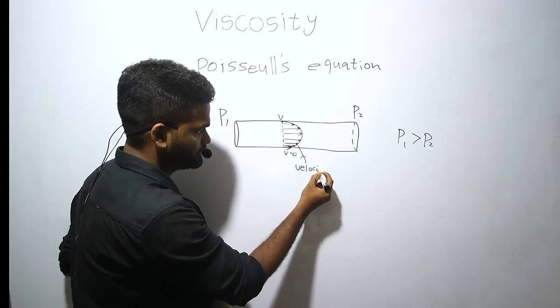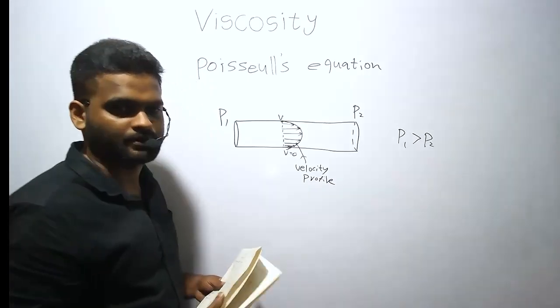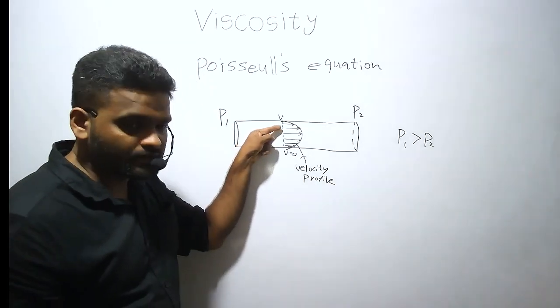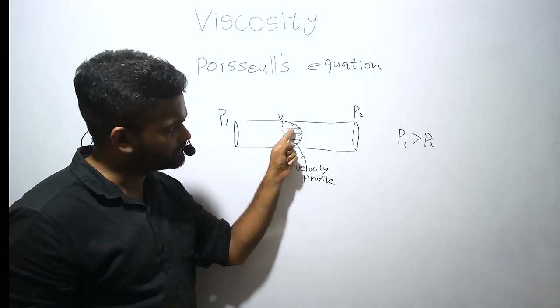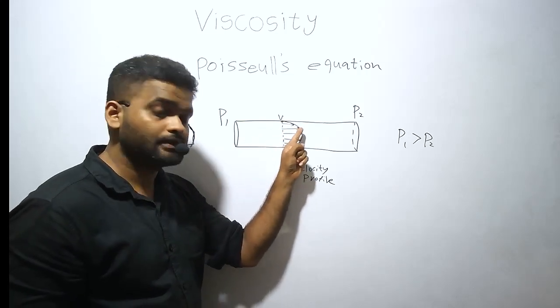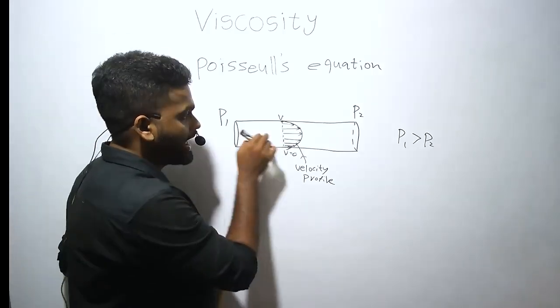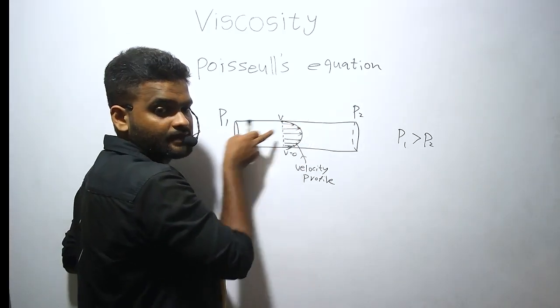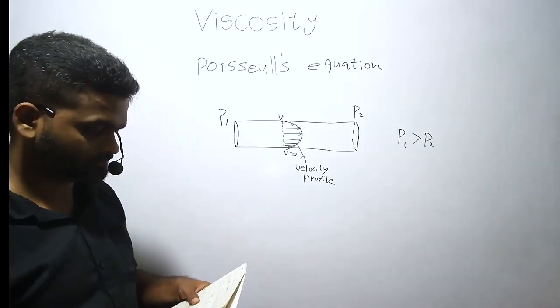This is called velocity profile. Profile means velocity of each particle at each point. The length of the arrow shows the magnitude of the velocity. So you can see right at the center, it has the maximum velocity. Okay.